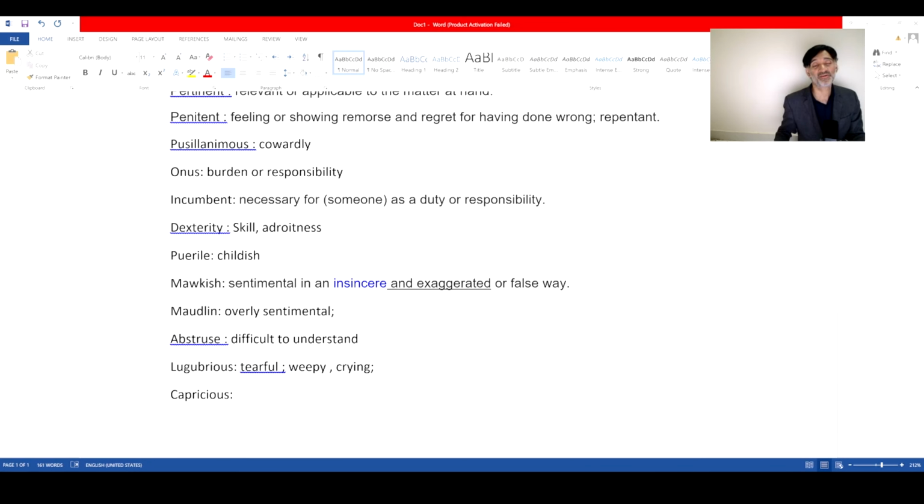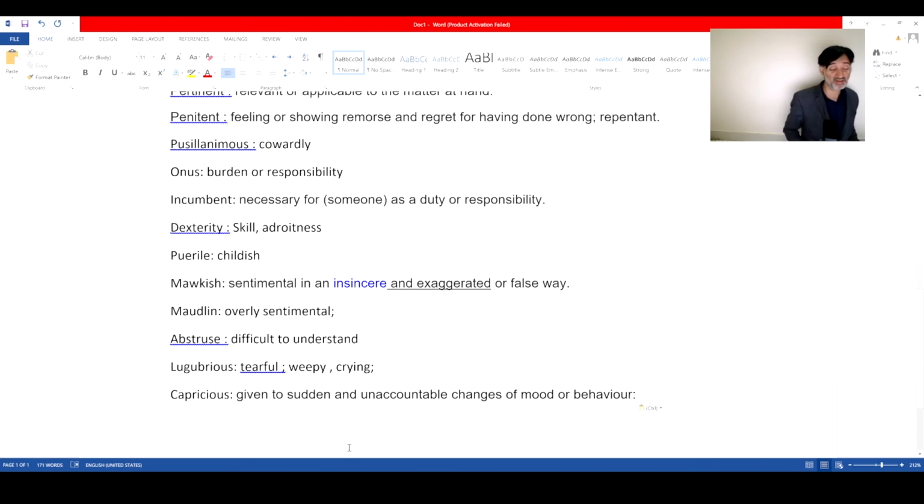Let me just write it down. If you have not come across these words, you also write it down. Sudden and unaccountable changes of mood, I would say whimsical, capricious.